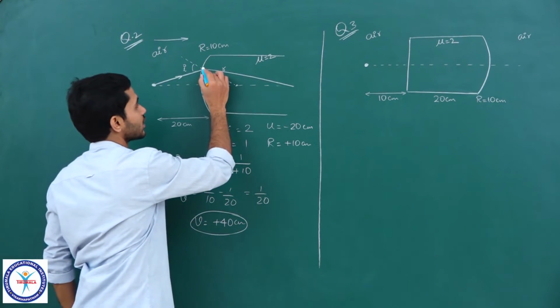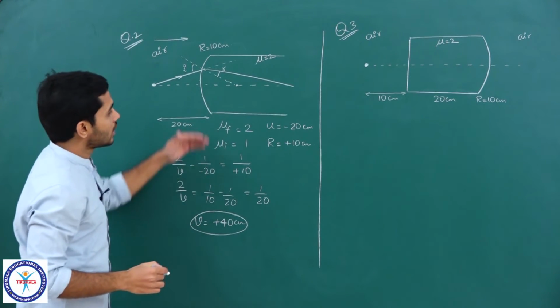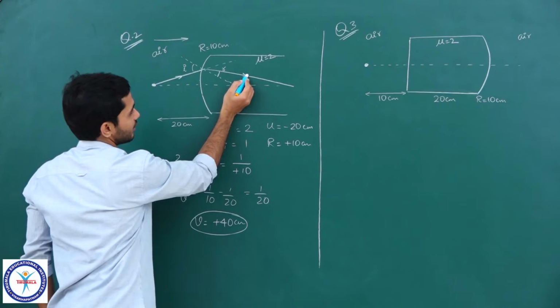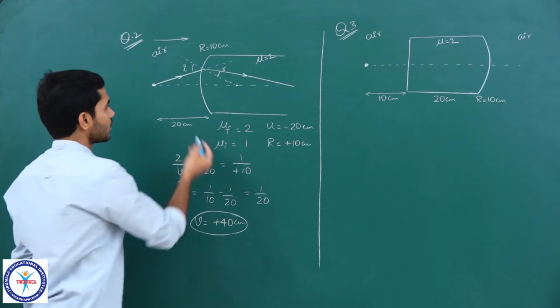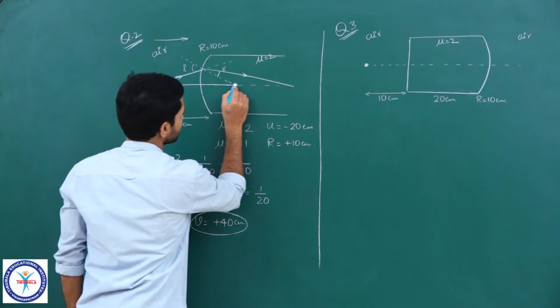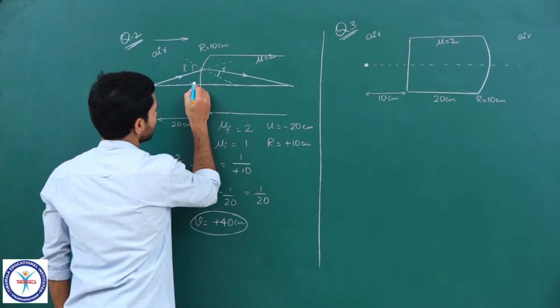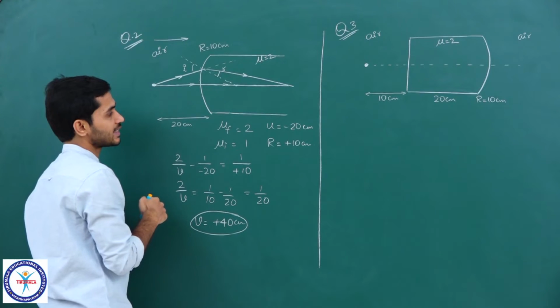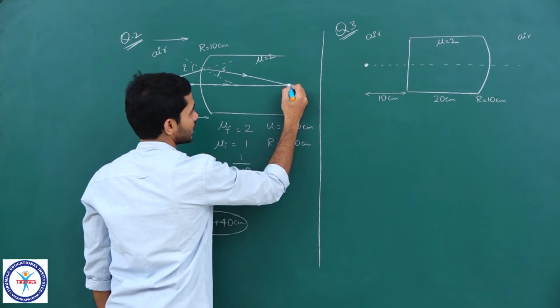This was the initial direction in which the light ray was traveling, and it is bending towards the normal and traveling like this, clear. And you can easily understand that the other light ray would be this, which passes through in the normal incidence scenario, and both meet here.